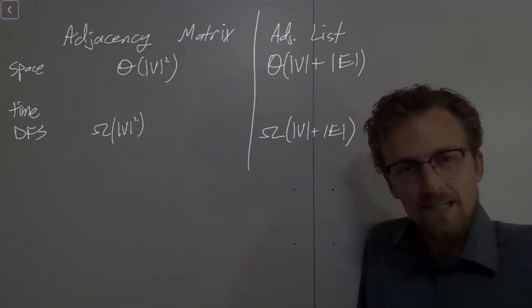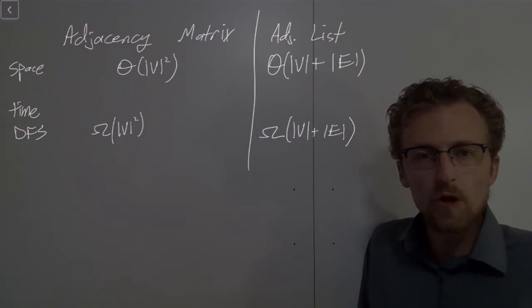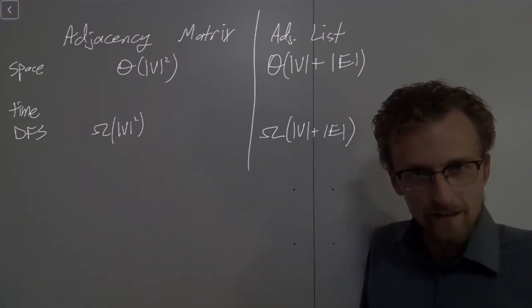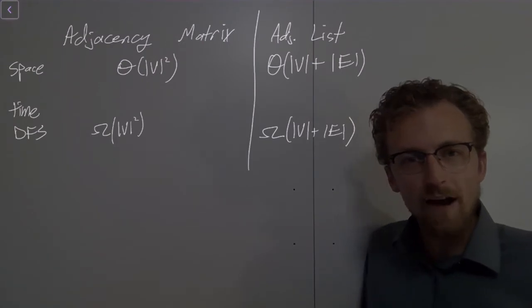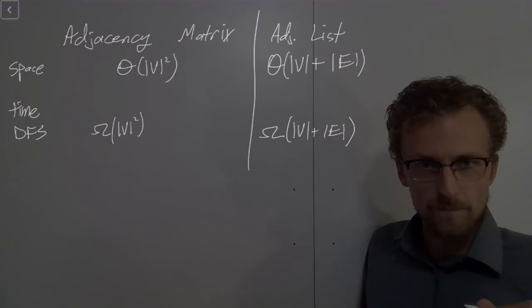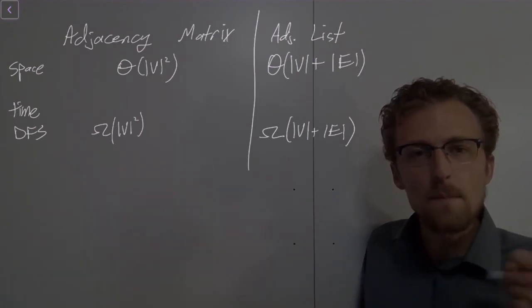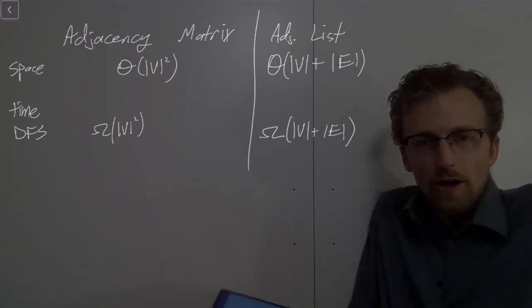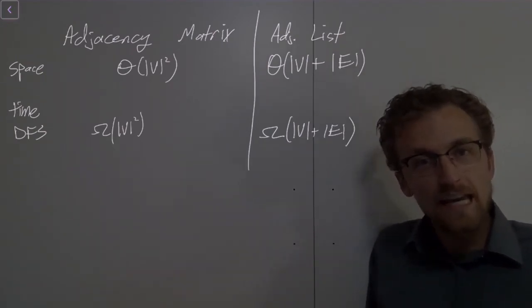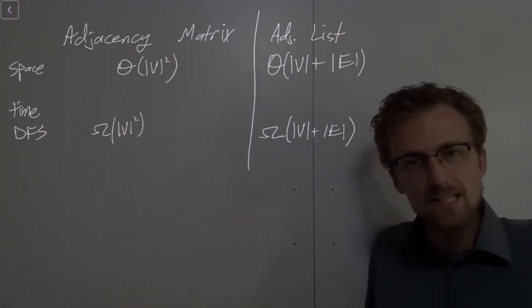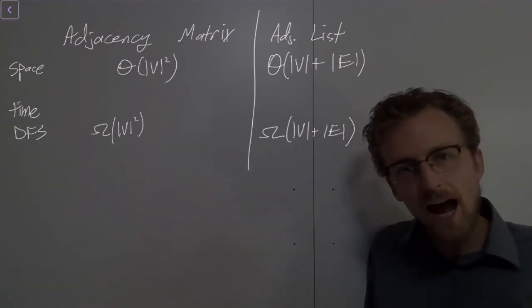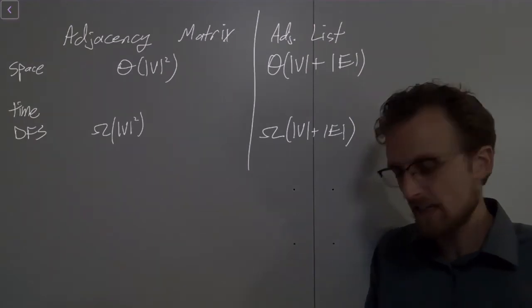DFS is an algorithm that enumerates the entire graph, so to do that, it has to read the entire data structure. At an absolute minimum, DFS can't ignore parts of either the adjacency matrix or the adjacency list. It has to check the entire thing to make sure it hasn't missed anything.